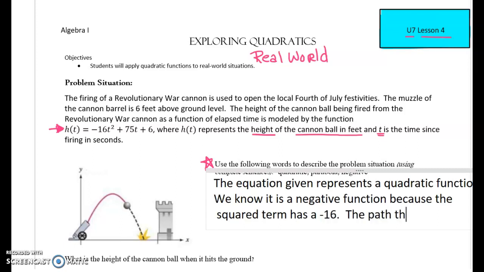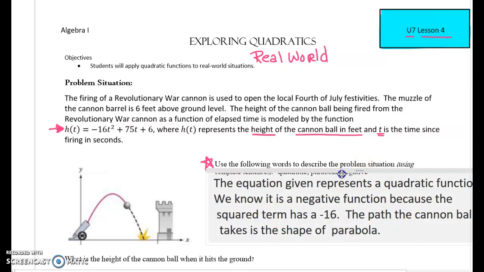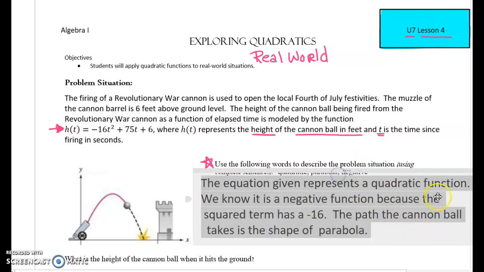The path, the parabola, there's another word. The path the cannonball takes is the shape of a parabola. There we go. Let me move this around just a little bit so we can see all of it.